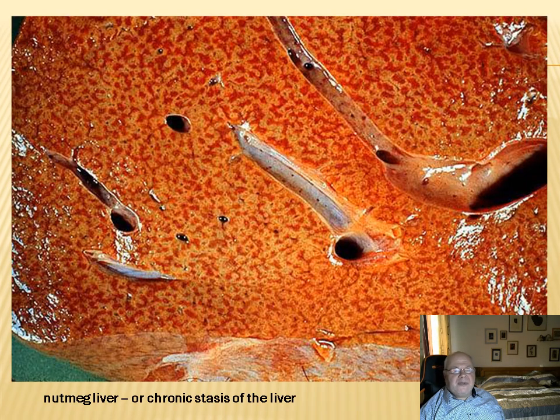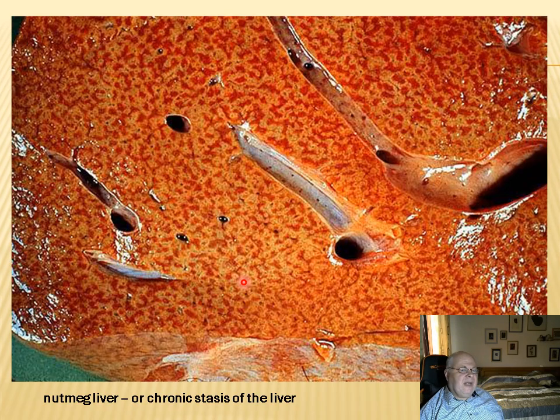At the macroscopic level, we have this aspect for the chronic stasis of the liver, meaning the color on section surfaces of the liver is not anymore homogeneous brown. Some parts of the liver remain with the normal brown color, and these parts correspond microscopically to the hepatocytes surrounding the portal tract.